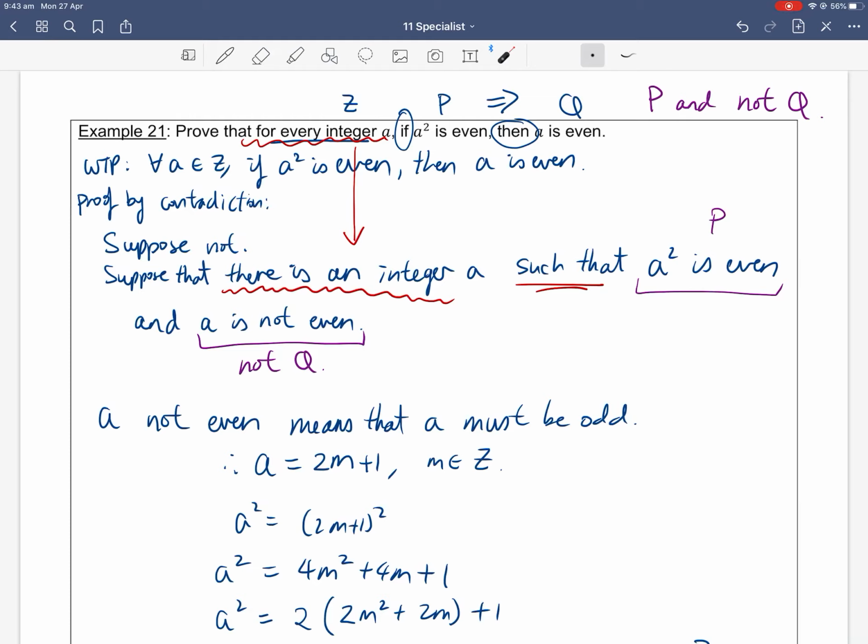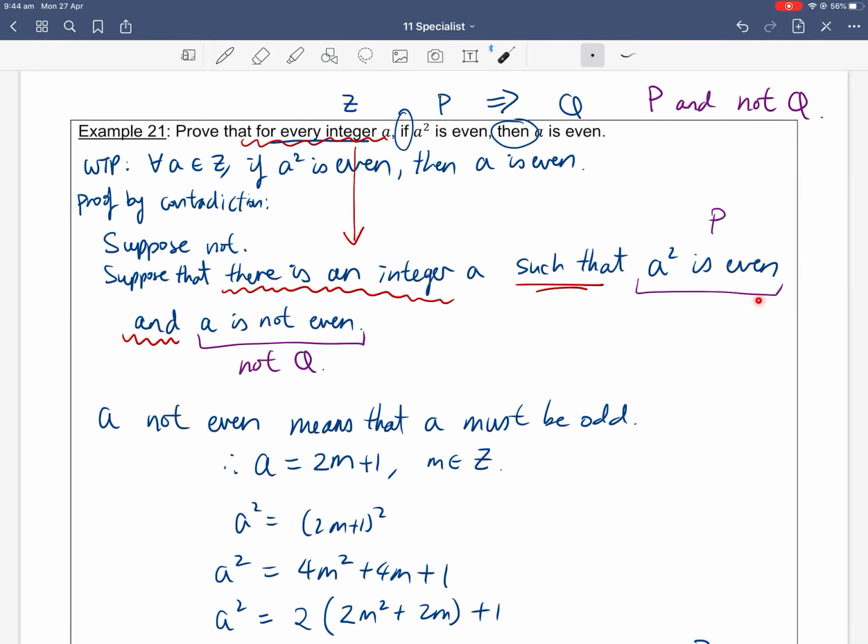Every time that there is a there exists, you have to link it with a such that P and not Q, because that's the opposite of if P then Q. So a squared is even, because that's my P statement, and it must be an and, all right? It can't be an or. Not Q, so if Q was a is even, then not Q is a is not even.